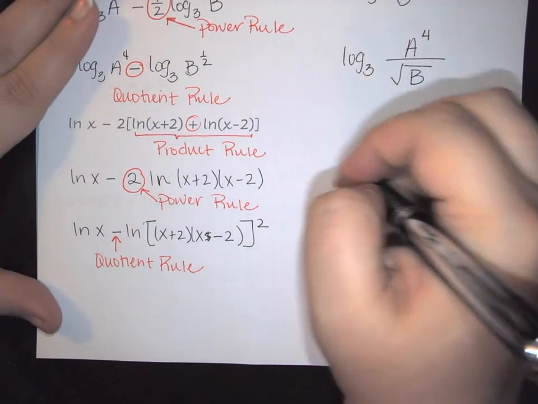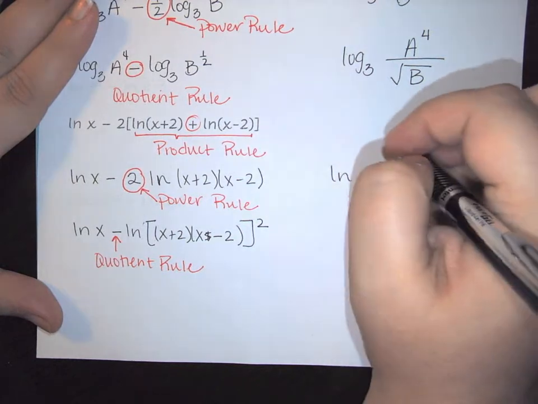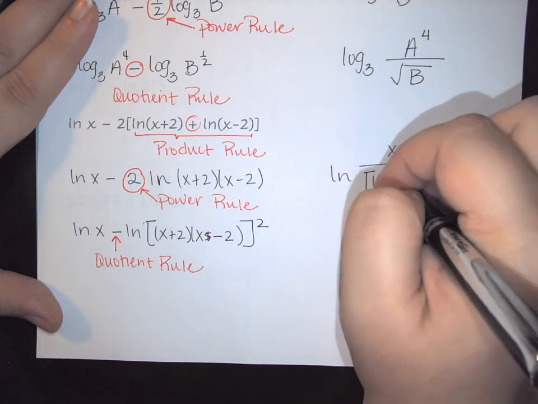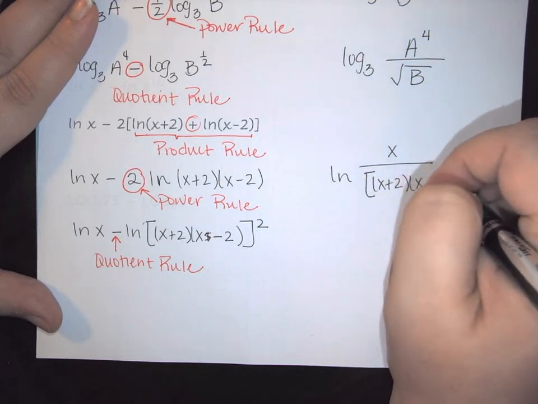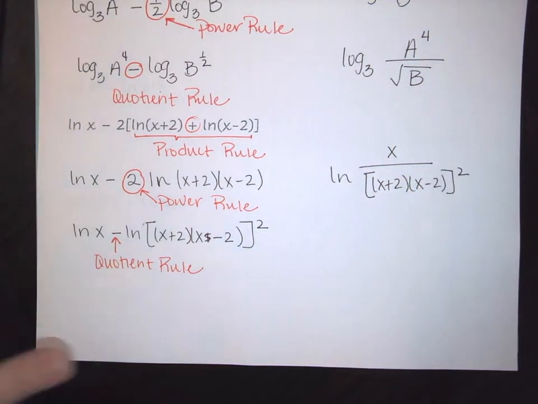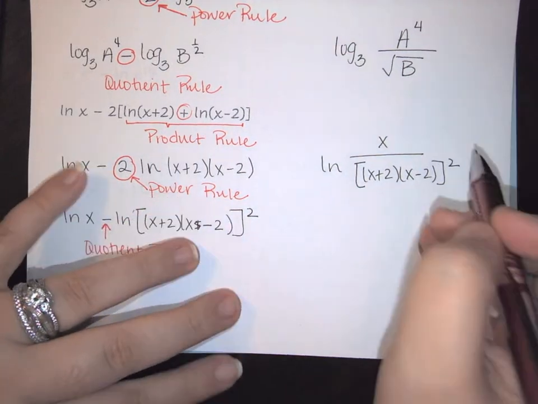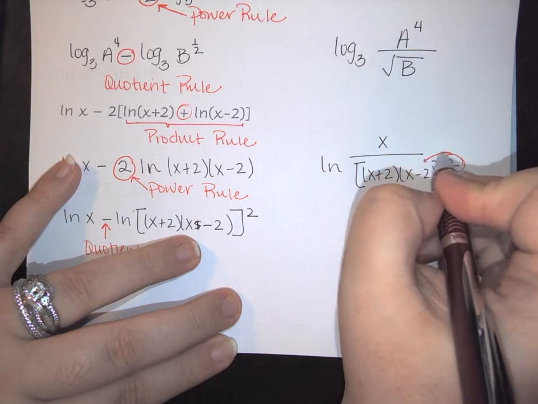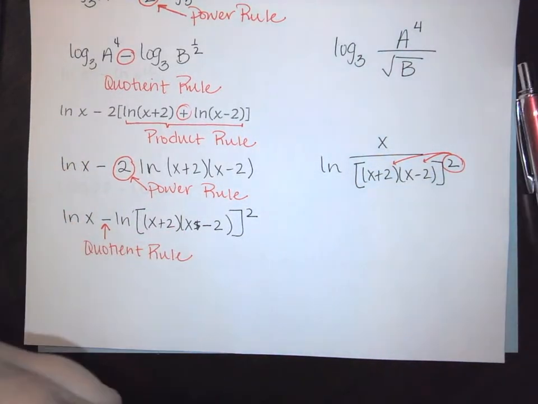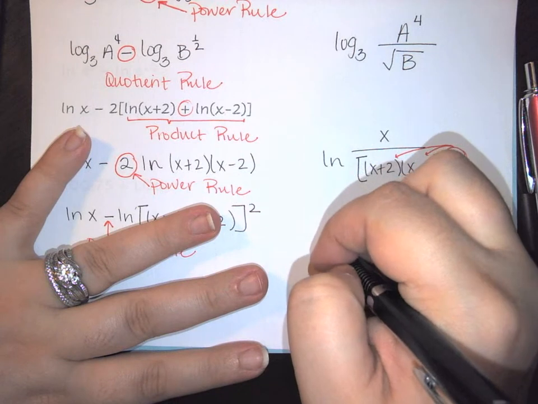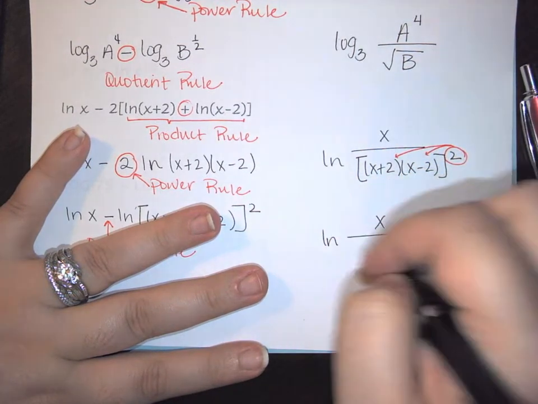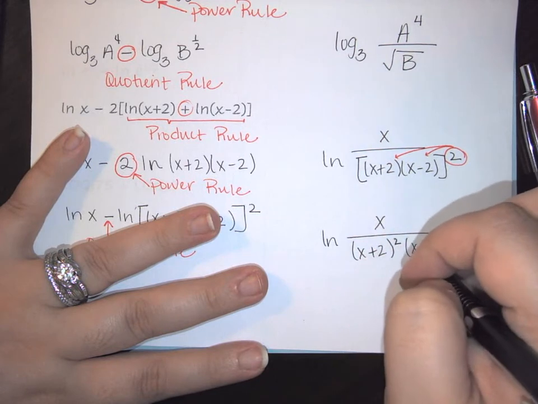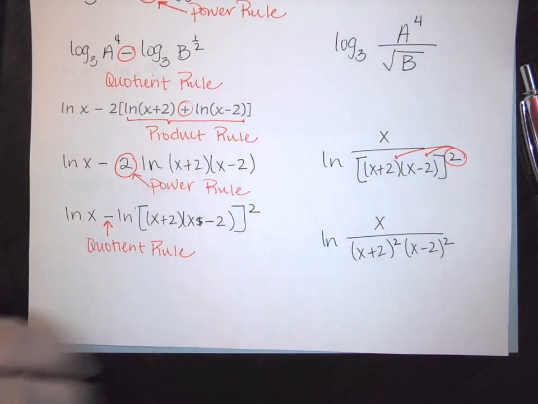So this is going to end up giving us the natural log of x over x plus 2 times x minus 2, and we're going to square it, but we have to go one step further. This power rule here has to be applied to both of your parentheses. And so here what we're going to get is the natural log of x over x plus 2 squared, x minus 2 squared.